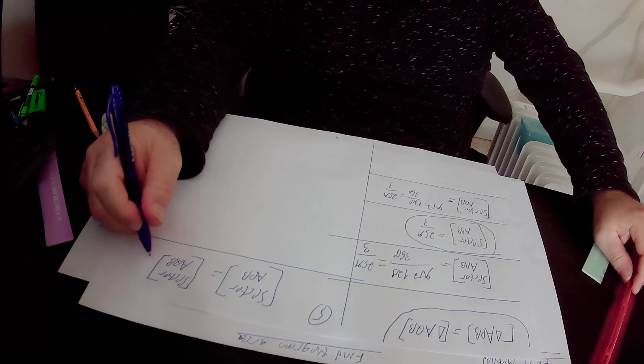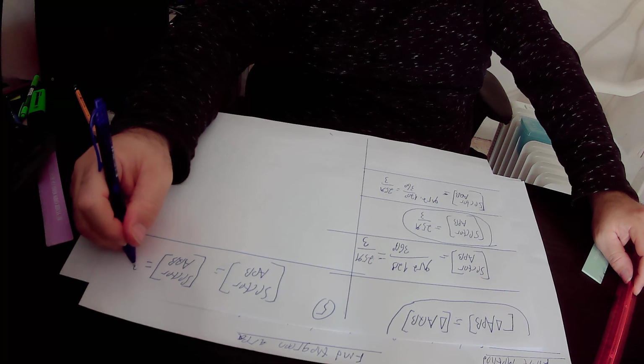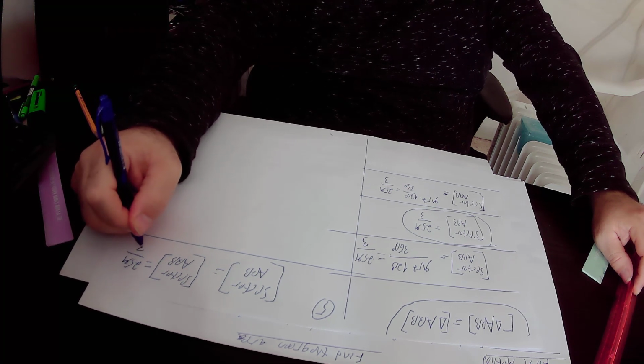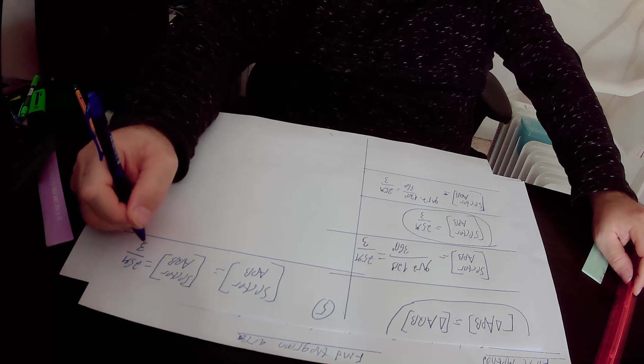And it is equal actually to 25 pi over 3 square units.